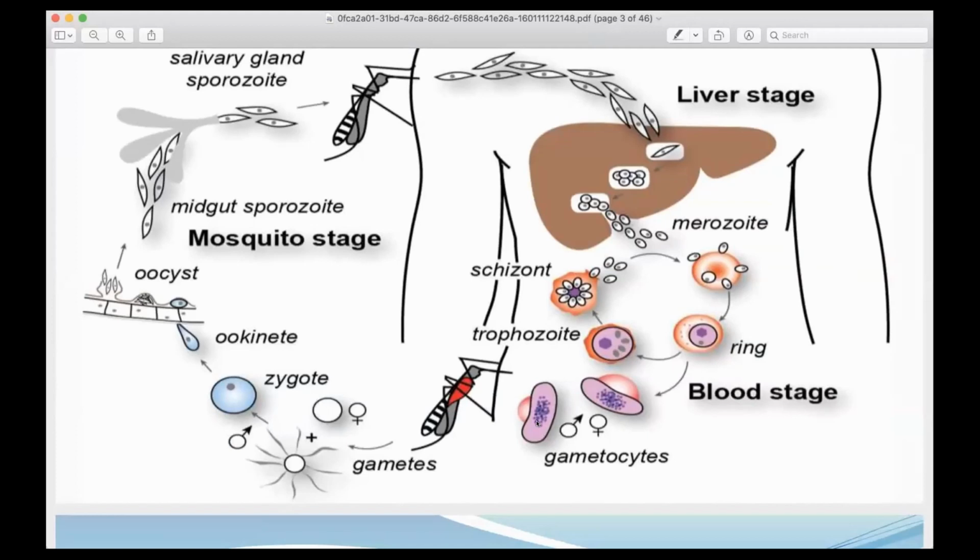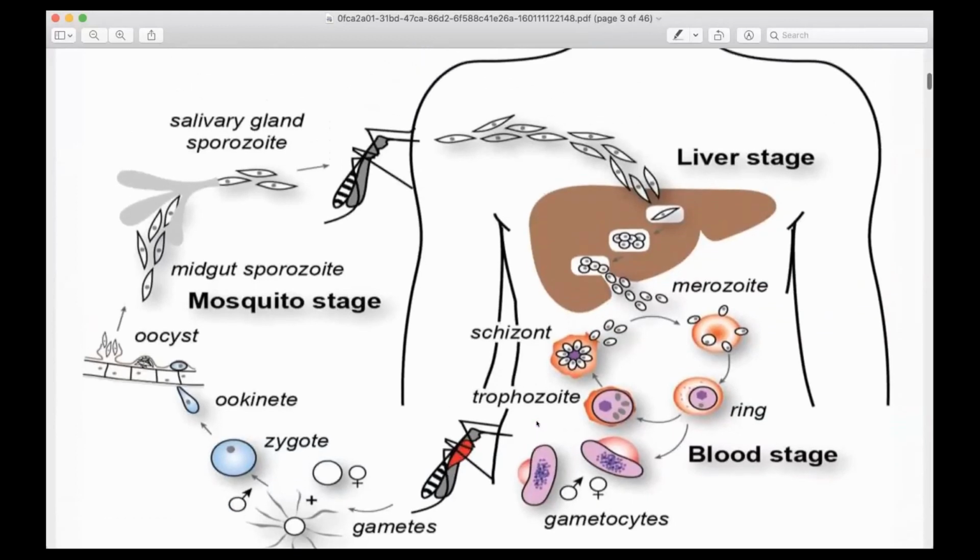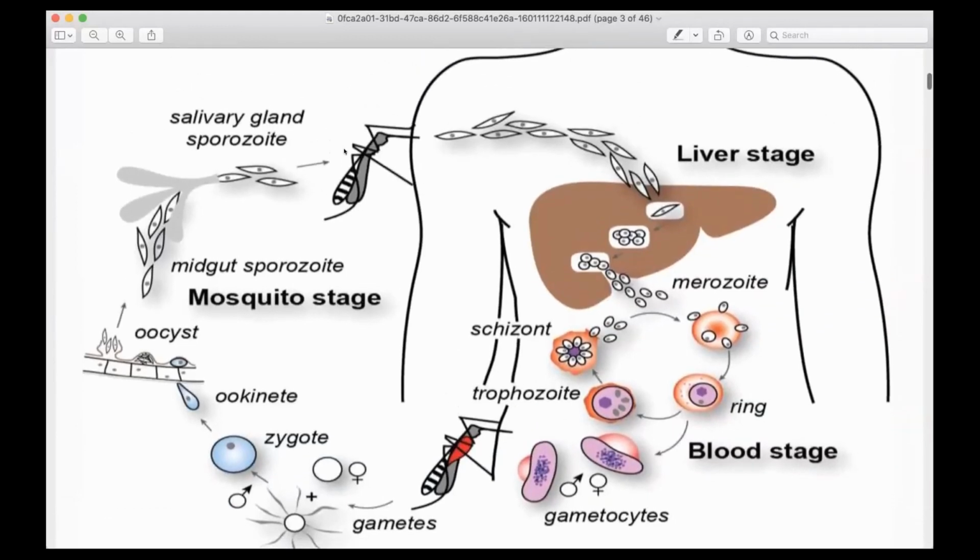Then they form a zygote, an ookinete, and then go to the midgut of the mosquito and produce sporozoites. The sporozoites enter the salivary gland of the mosquito, and when this mosquito bites another non-infected person, the sporozoites enter their body, then the liver, where they multiply and produce merozoites. The merozoites enter the RBC, multiply there, and ultimately damage the RBC and break it down.